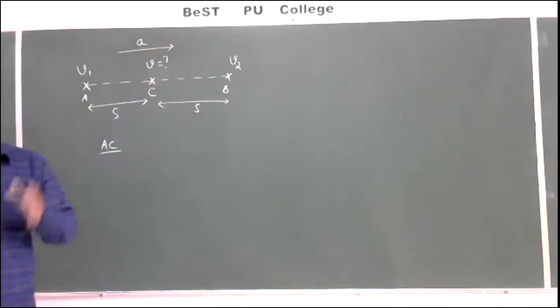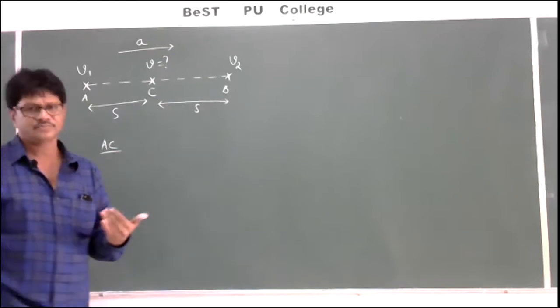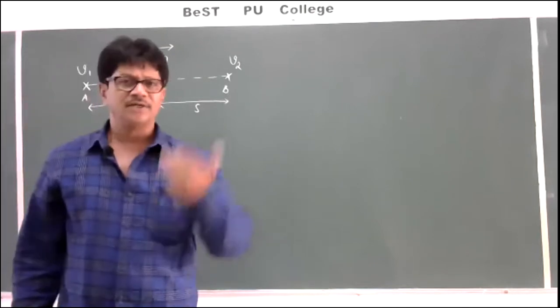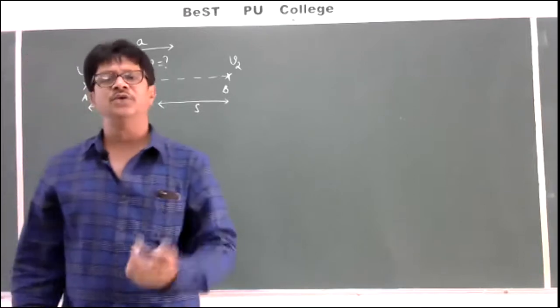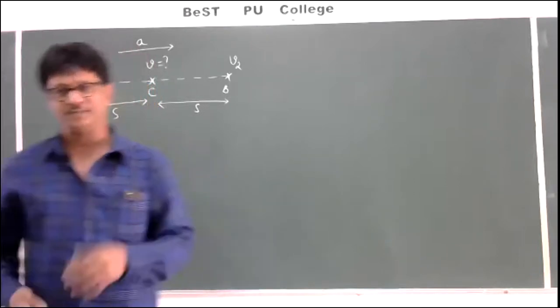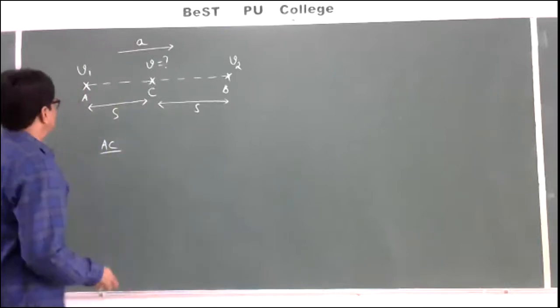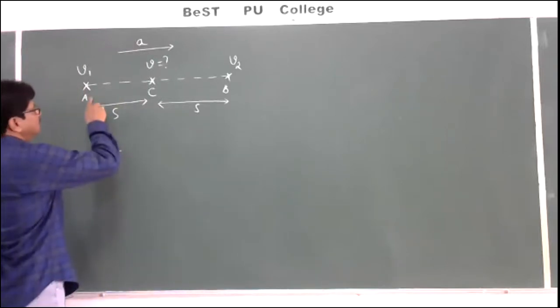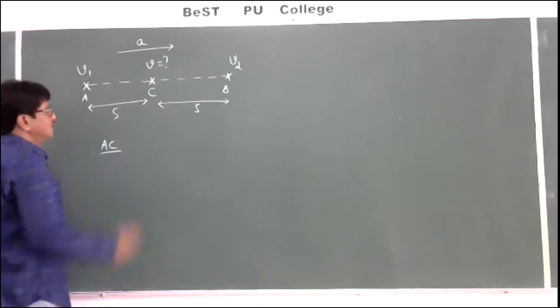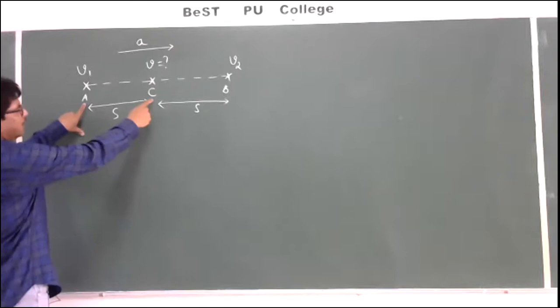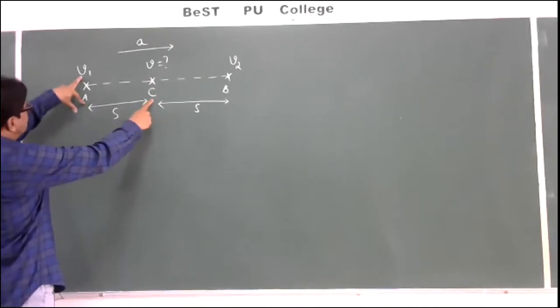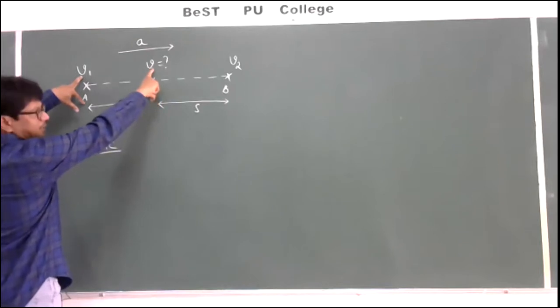If acceleration is not mentioned, by default we consider a body to be moving with uniform acceleration. Now, if I take AC, A is the initial point and C is the final point. So V1 is the initial velocity, V is the final velocity.